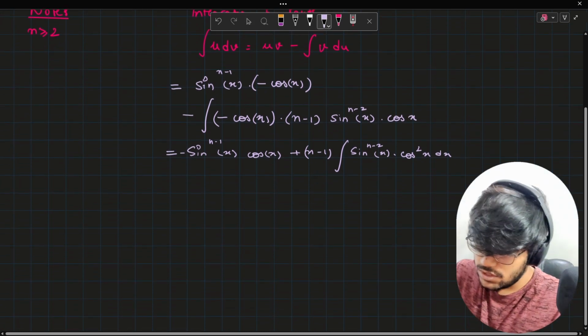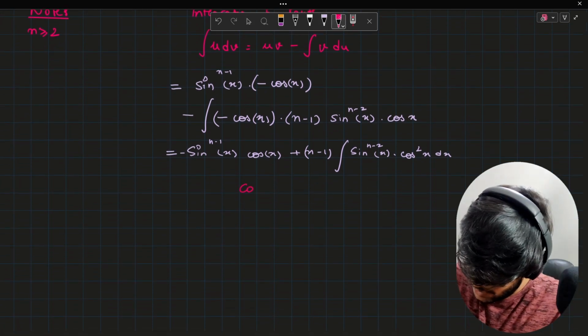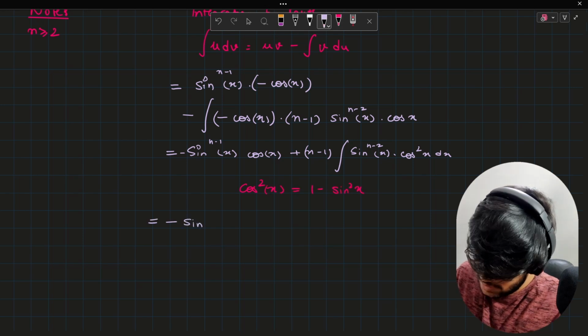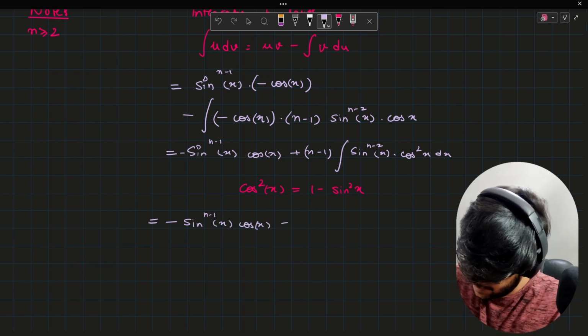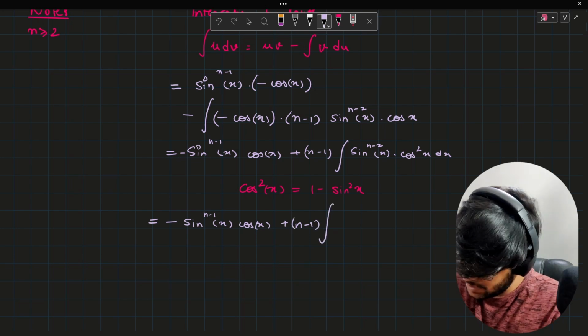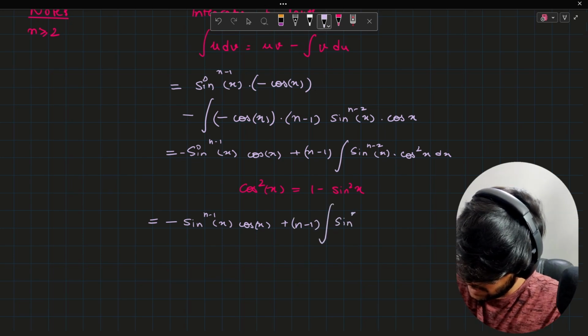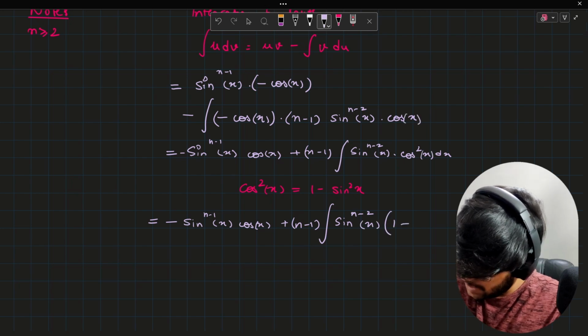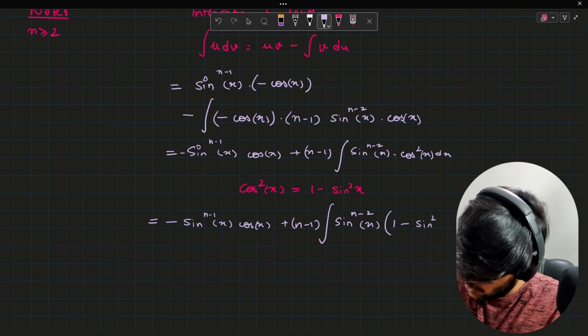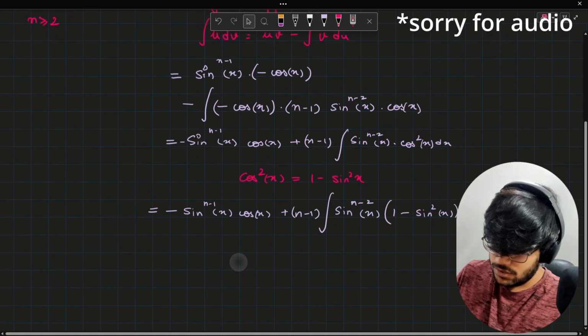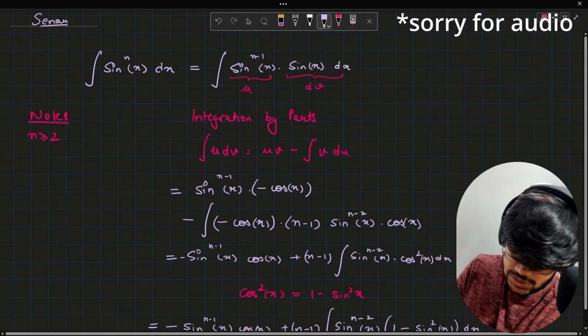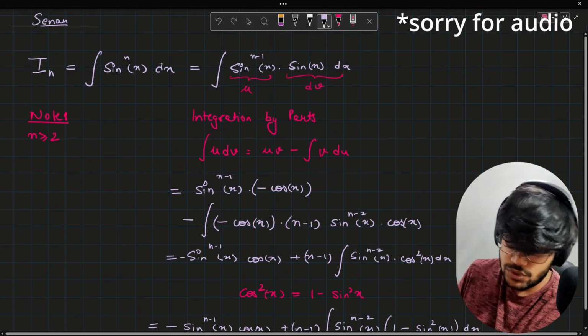So what I'll do is, as we know, cos^2 x is equal to 1 minus sine^2 x, so we get minus sine^(n-1) x cos x plus (n-1) integral of sine^(n-2) x times (1 minus sine^2 x) dx. So let us call this I_n is equal to this.